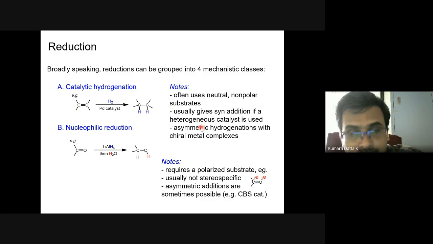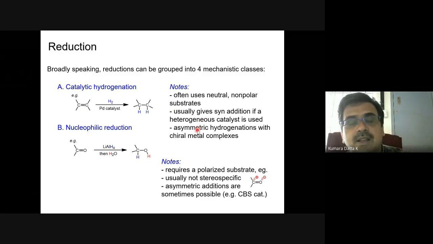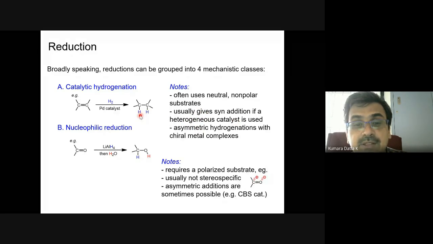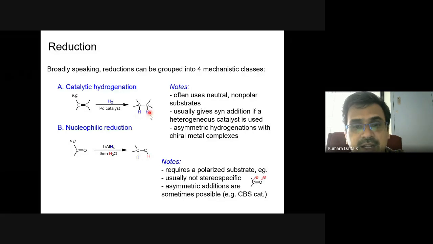The important take-home is that we generally use neutral substrates, and it also gives syn addition. Syn addition means adding hydrogen to the same side, here and here, rather than to the opposite side. And it generates a lot of chiral metal complexes. We should not go into more of those details.